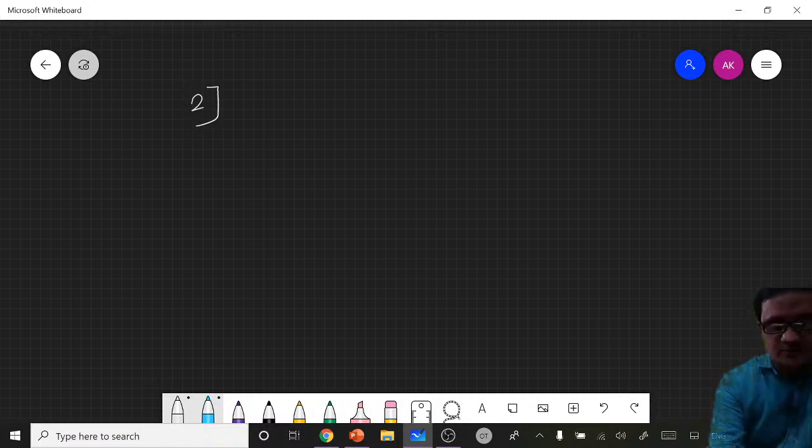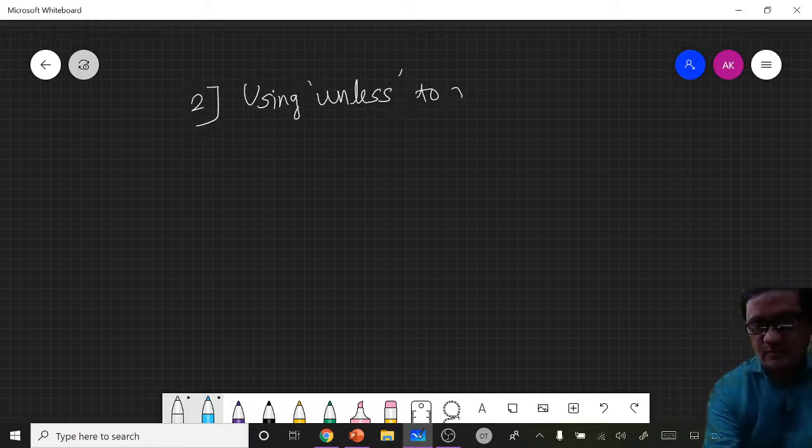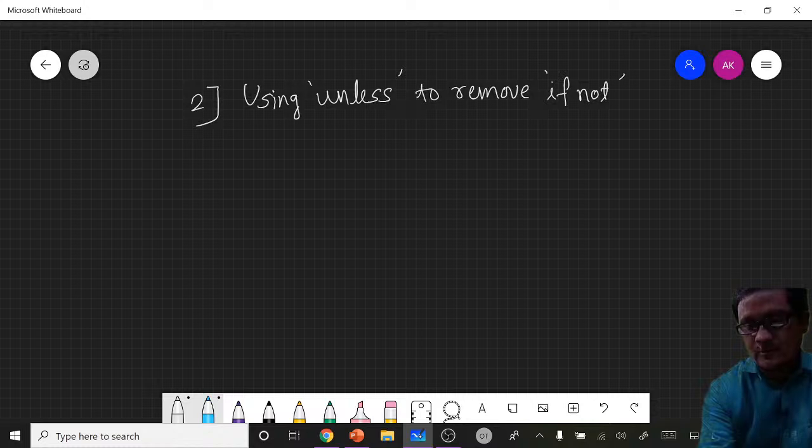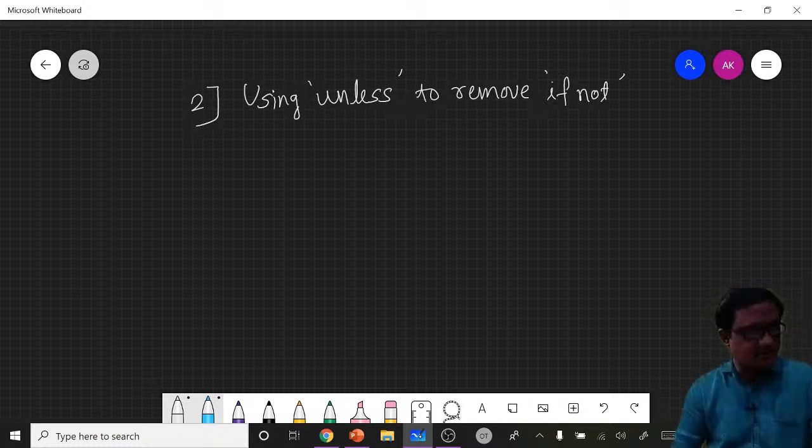So using 'unless' to remove 'if not'. This is the second rule. And vice versa. Every time I say vice versa when it is possible. It means 'if not' can be replaced with 'unless', and 'unless' can be replaced with 'if not'.